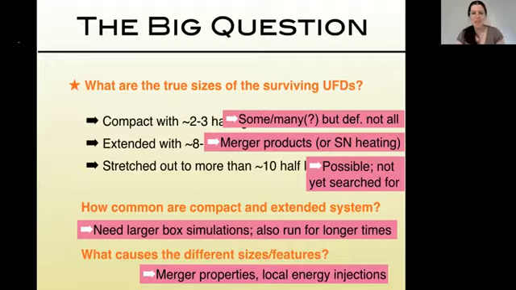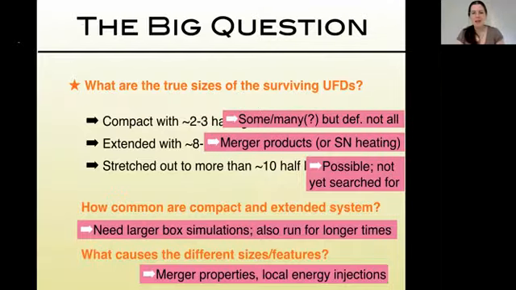And as I said, we definitely need a larger box in terms of simulating these early blobs, and also run them for longer times to see what they do long term. If they kind of jumpstart star formation again, or some of them, or if they're just kind of quiescently sitting there forever after this early merger.